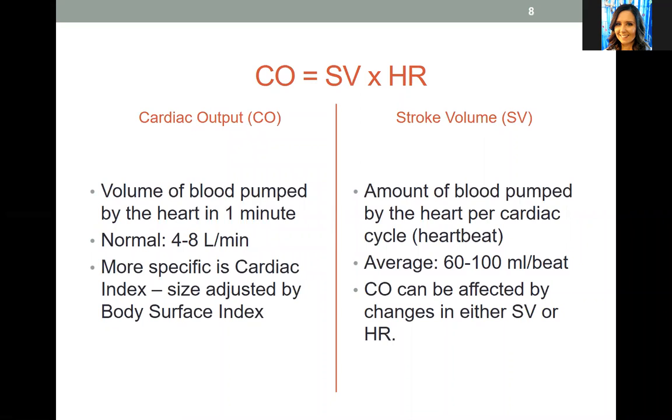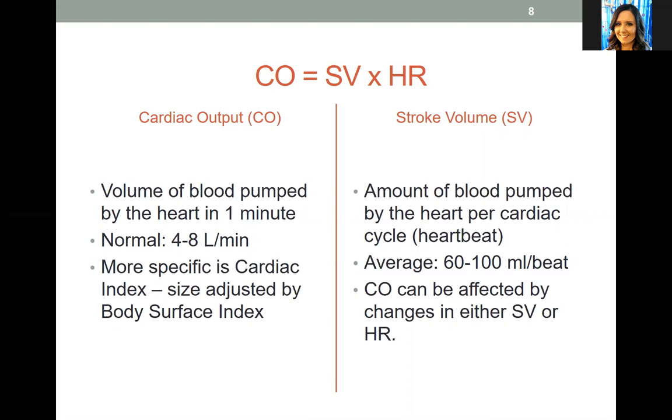So our first measurement we're talking about is cardiac output. Cardiac output is the amount of blood the heart pumps in 1 minute from the left ventricle. It's measured in liters per minute. Normal is 4 to 8 liters per minute. And there are a couple things that cardiac output depends on.